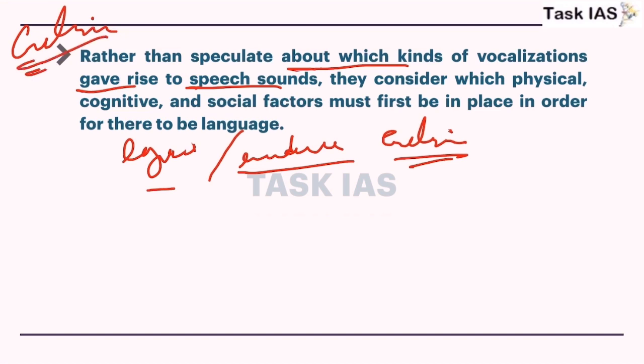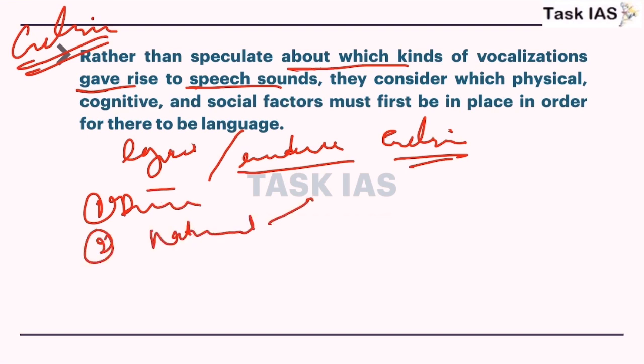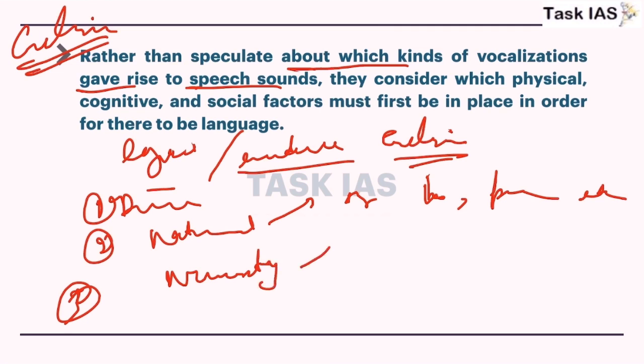We have studied various theories, starting from divine source theories, then the natural evolution theory, where we studied the bow-wow, ta-ta or ding-dong hypotheses and others. The third one was necessity, and we discussed two versions of it. So this is a summarization of theories related to the origin of language.